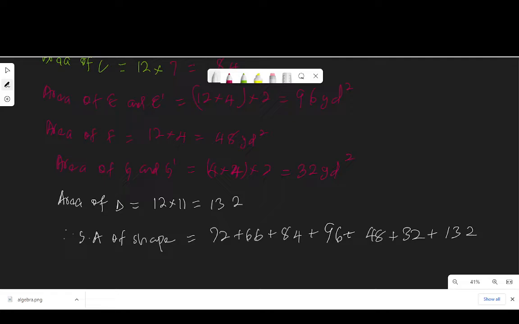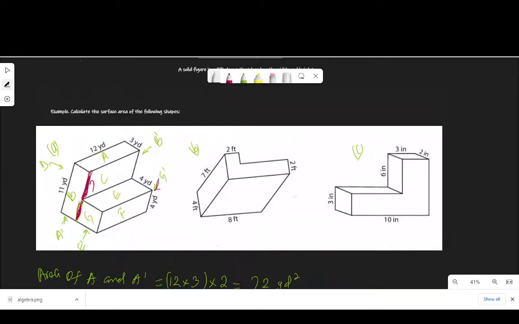So adding all of that together, 132 plus 32 plus 48 plus 96 plus 84 plus 66 plus 72 is 530. So 530 yard square is the surface area of this shape.